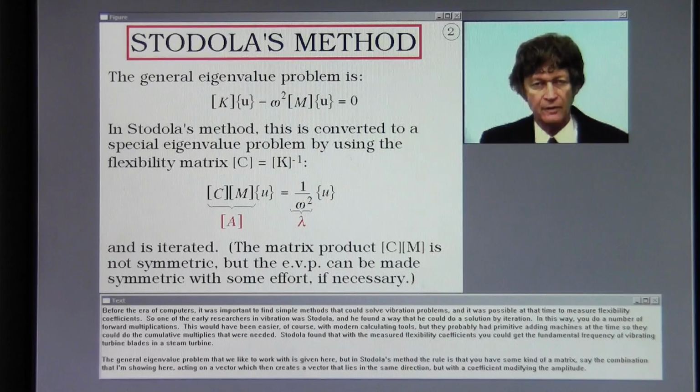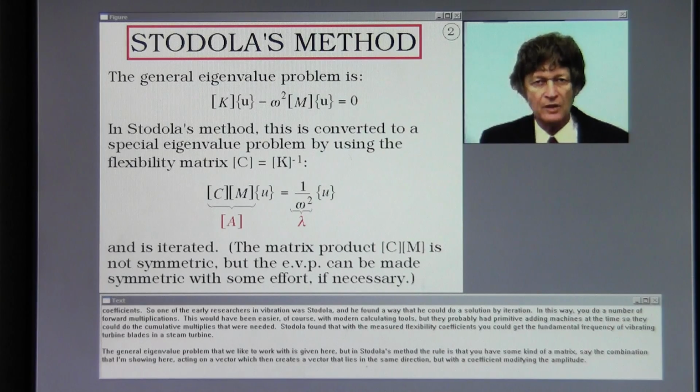Before the era of computers, it was important to find simple methods that could solve vibration problems, and it was possible at that time to measure flexibility coefficients. So one of the early researchers in vibration was Stodola, and he found a way that he could do a solution by iteration.